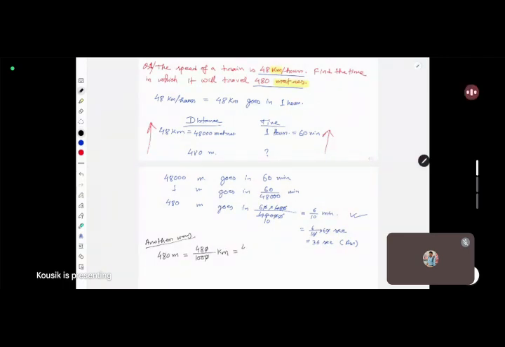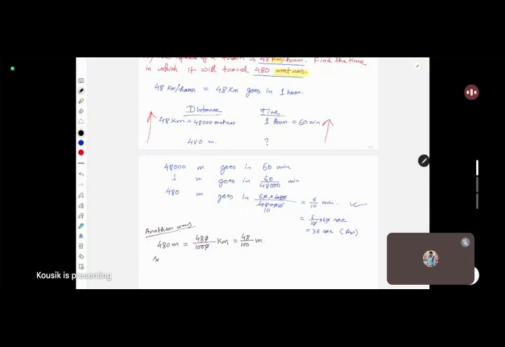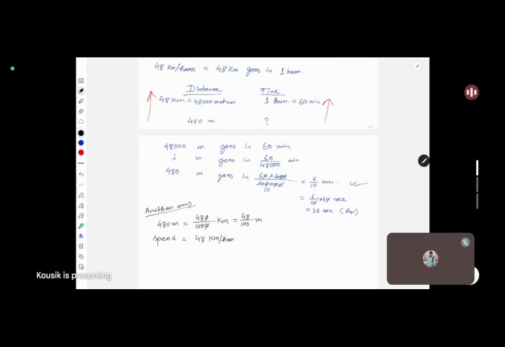So that means 48 by 100 kilometer. Okay, so now speed is 48 kilometer per hour. So time is equal to, according to formula, time is equal to distance by speed.